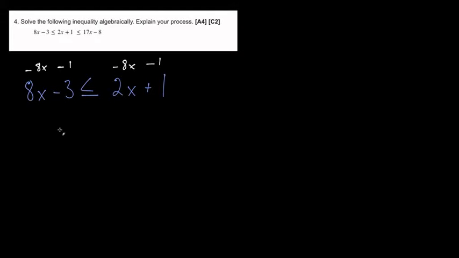Okay, and this will give us negative 4 is less than or equal to negative 6x. Now we want to isolate for x. So divide both sides by negative 6.